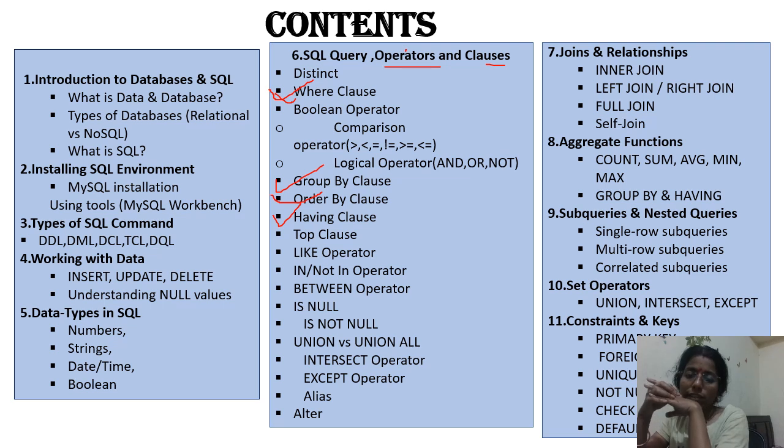Then alias is like, my name is Jasmine, and definitely my family calls me by my nickname, one good name, one nickname, so nickname will be your alias. Likewise here also SQL uses alias. Then alter is nothing but modification, any changes in the sense of add column, delete column, rename the table name, change the data type.